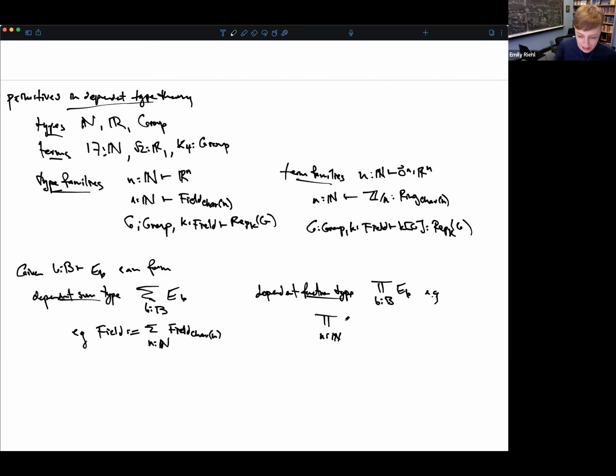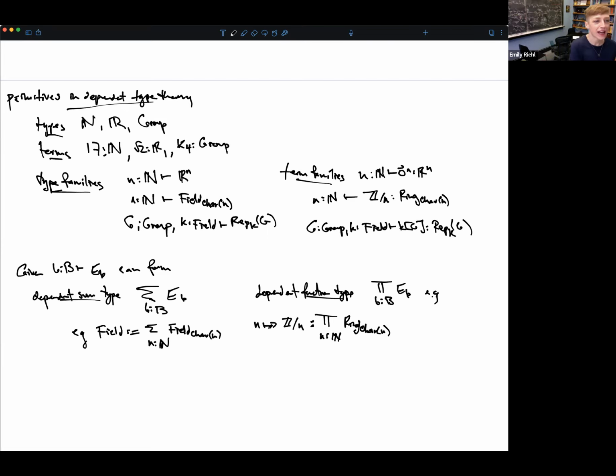So for instance, I can think about my rings or fields of characteristic n and form this dependent function type, but only in the case of rings will this have any terms, which is why I prefer that. A term can be thought of as a function that takes an input, a natural number n, and then produces a ring of that characteristic. This is usually written in different notation, but this is the function that takes an n and maps it to this ring of characteristic n.